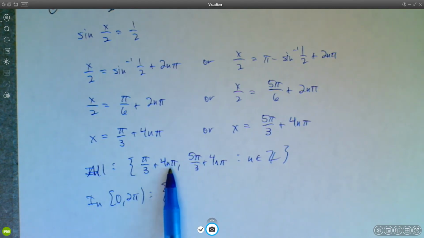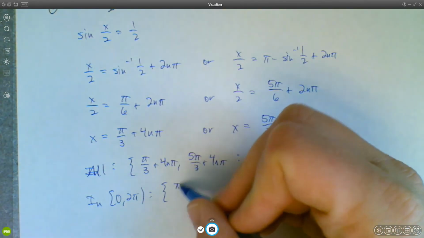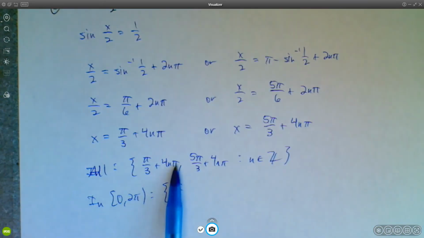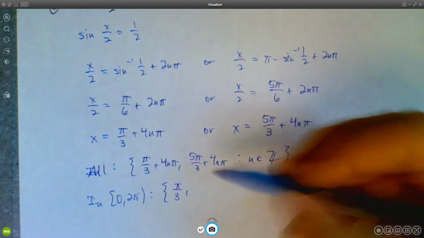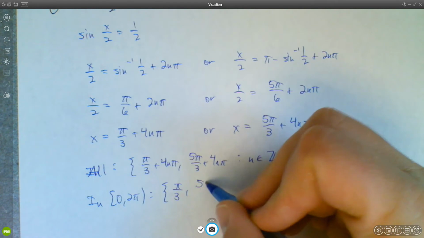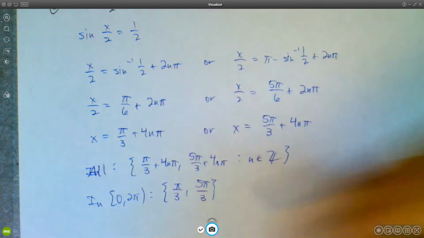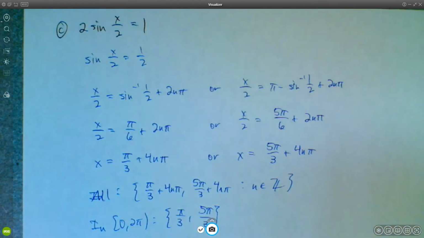If I plug in 0, this is going to be pi over 3. If I plug in 1, that's going to be way too big. And then a similar thing happens over here. So I think pi over 3 and 5 pi over 3 are the two solutions that I get. And that's it for that. Okay?